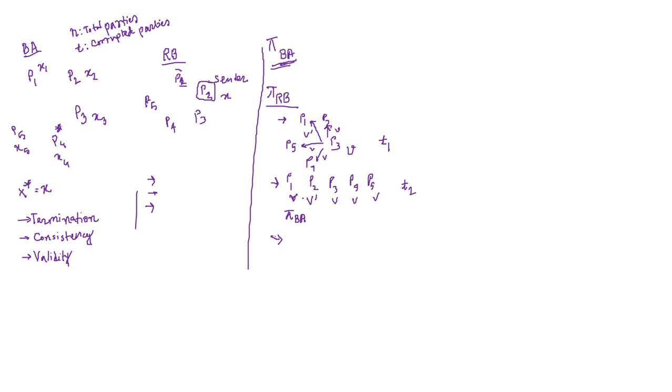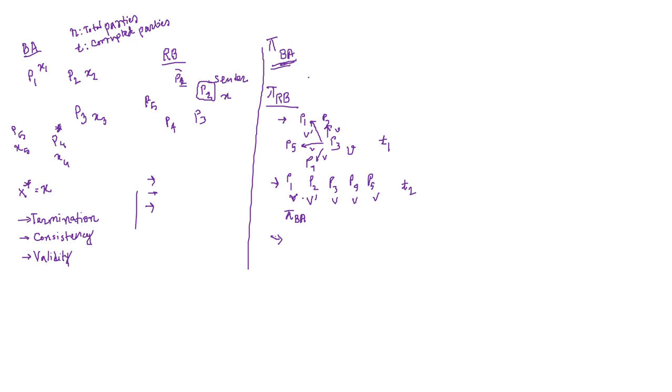And then if the BA protocol is getting started with the same input V by all the honest parties, then the output will also remain V for all the honest parties. That is by validity of the BA protocol.